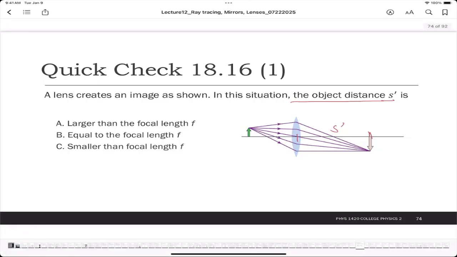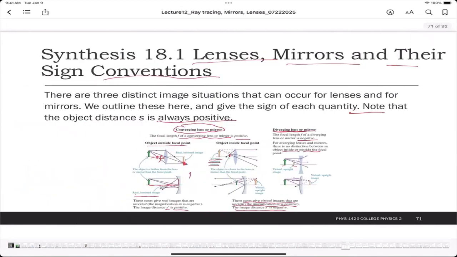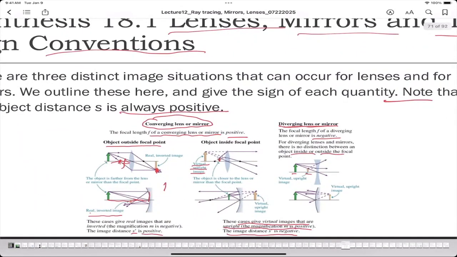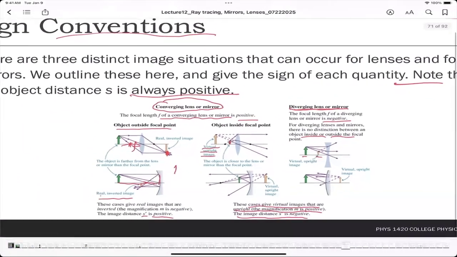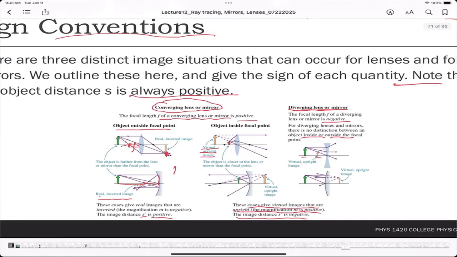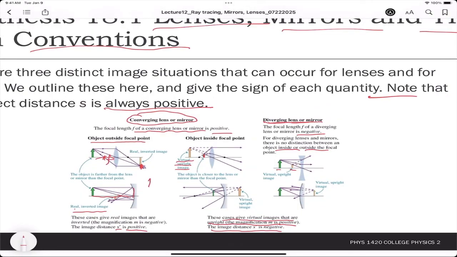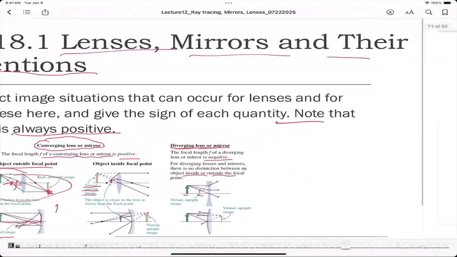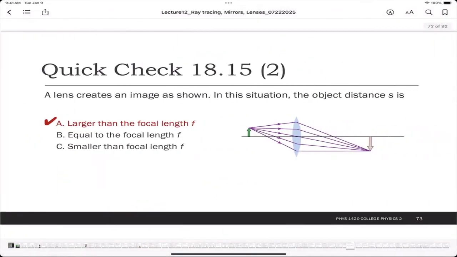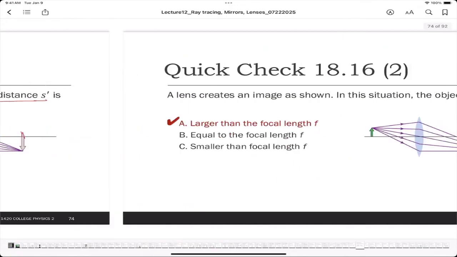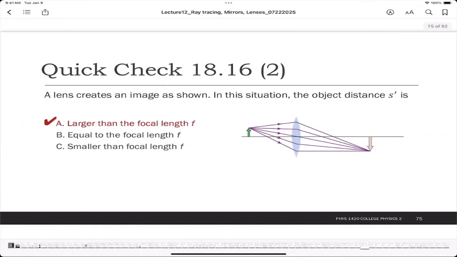It's a similar thing. Because the image distance is positive, it is just this situation. Am I right? So it is larger than the focal length. So it is A. That makes sense to you.